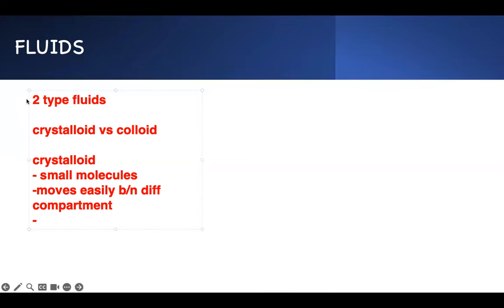The biggest thing you have to know is they don't stay in the intravascular system too long. So they can move around if they need to go to some space, to ensure that the osmolarity from one space to another is the same.